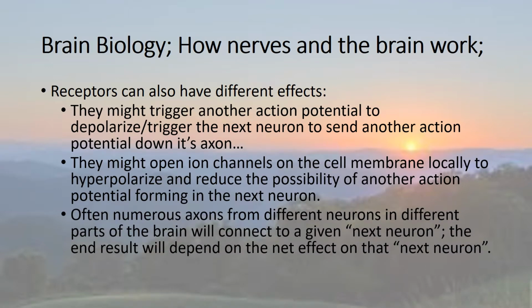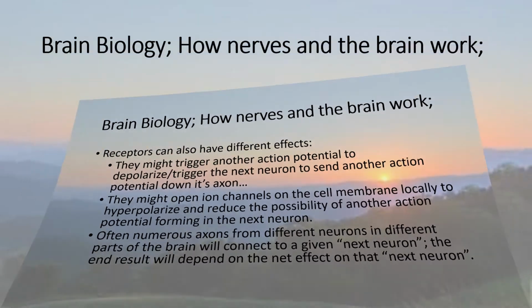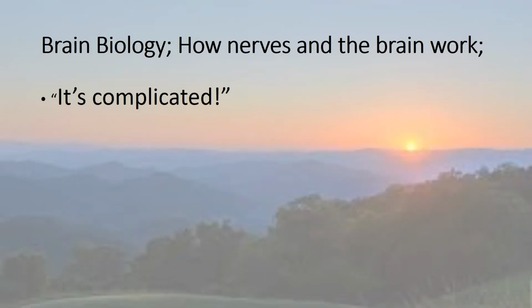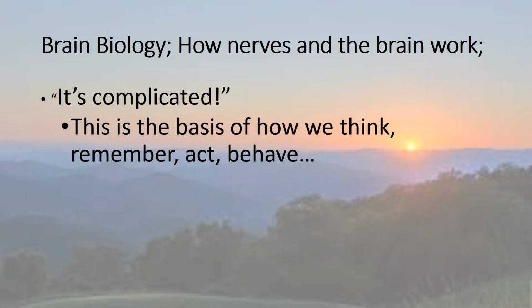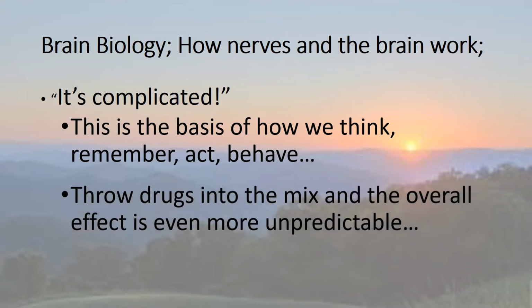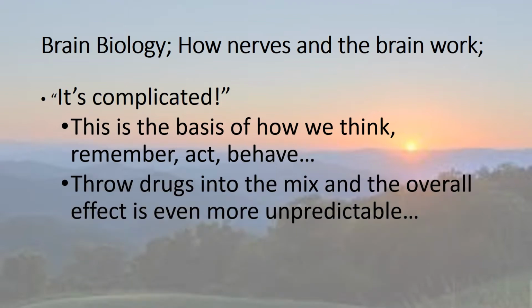Often numerous axons from different neurons in different parts of the brain will connect to a given next neuron, and the end result will depend on the net effect on that neuron. It's complicated. This is the basis of how we think, remember, act, and behave. Throw drugs into the mix, and the overall effect is even more complicated and unpredictable.